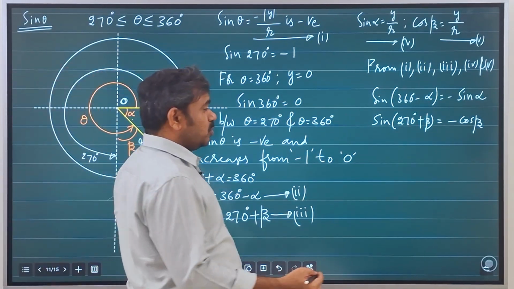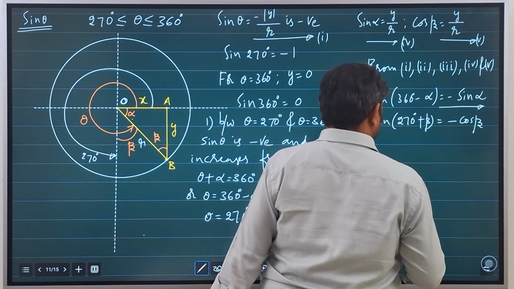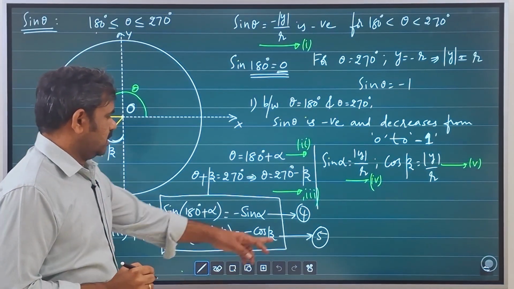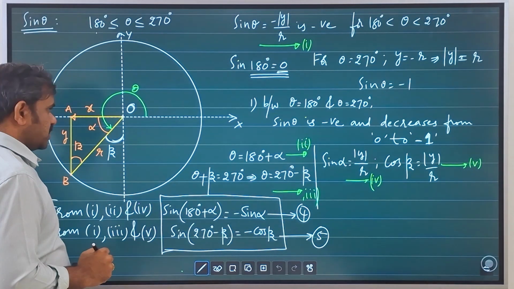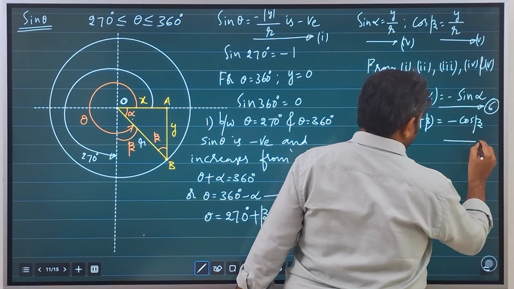These are the 2 more identities that we can write. What is its number? This is 5, so on the next page it is 6 and 7.